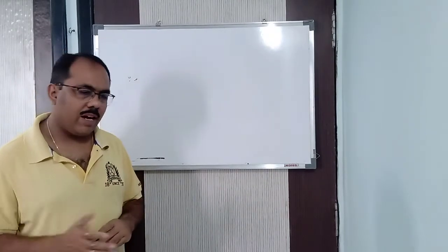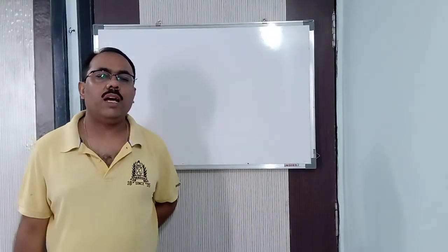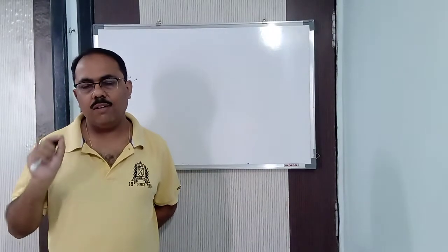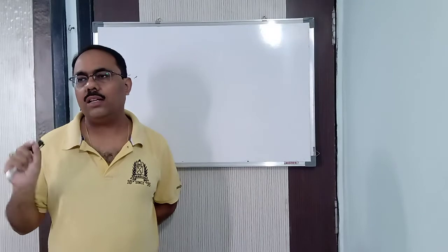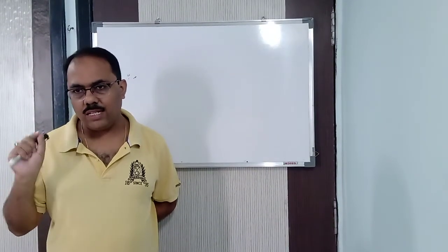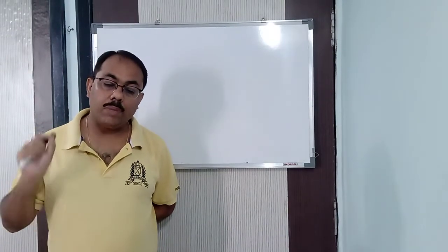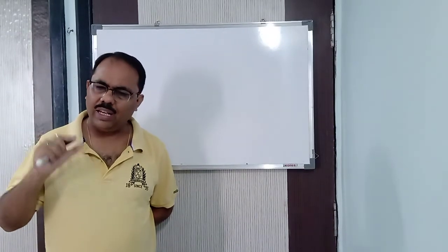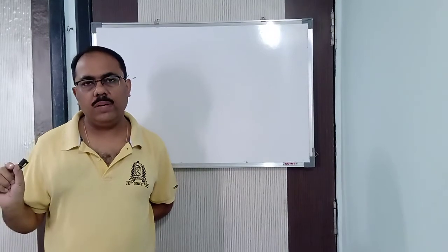I have also told you that while writing the IUPAC name, you need to see that you have a primary suffix and a secondary suffix. If the primary suffix ends with a vowel and the secondary suffix starts with a vowel, then the e of the primary suffix is removed.